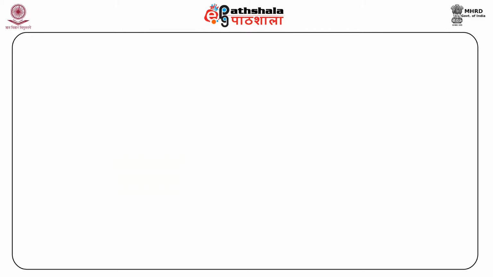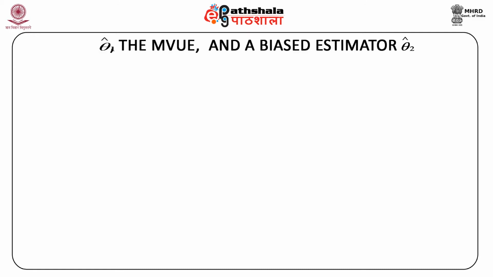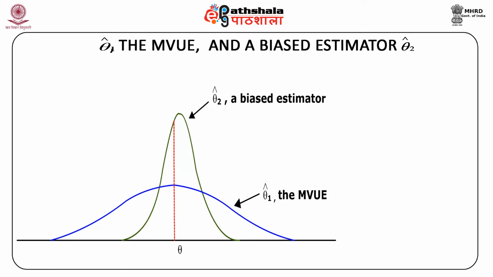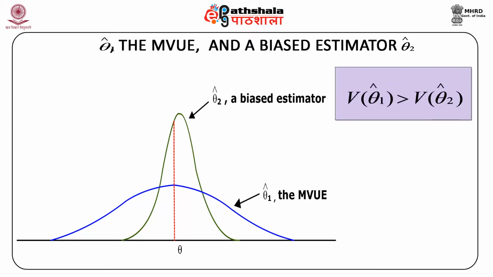Note that in some situations, theoretically, an estimator with a small bias may be preferred to the best unbiased estimator. As illustrated in the figure, we consider an unbiased and efficient estimator theta 1 hat and a biased estimator theta 2 hat. But variance of theta 1 hat is greater than variance of theta 2 hat.